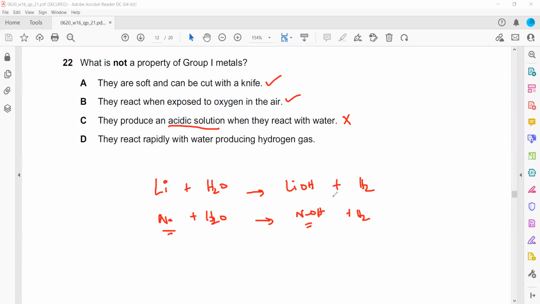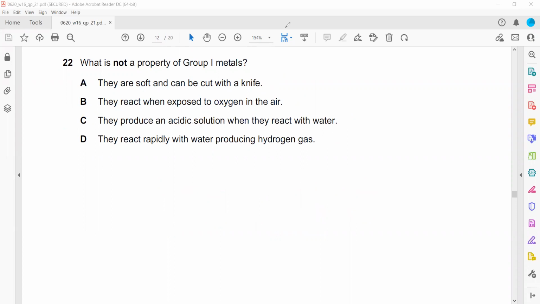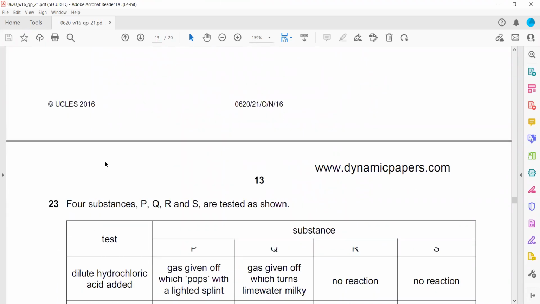So the pH of the solution will be more than 7, it will be an alkaline solution, not acidic. And they react rapidly with water to produce hydrogen. That's also true. So C is the right answer. That is not a property of group 1. Group 1 are known as alkali metals because they tend to form alkaline solution, not acidic.